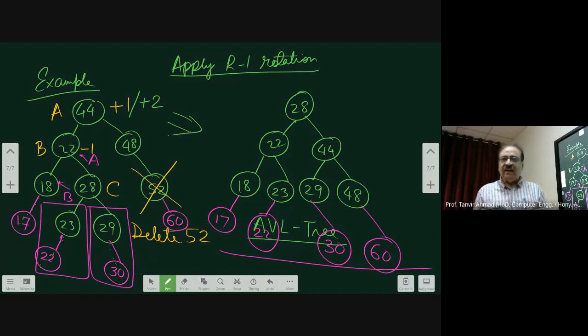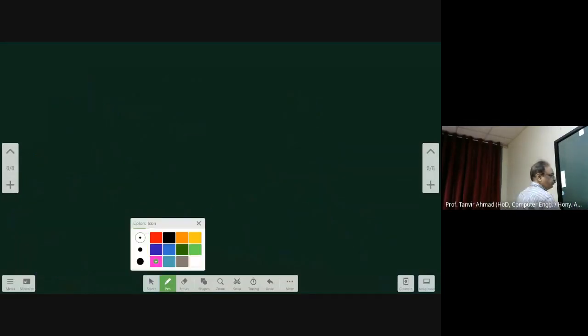That means L0, L1 and L-1, which are nothing but mirror images. Therefore, what you can do is draw a tree in such a way. Now it will be something like this. I draw a tree like this.